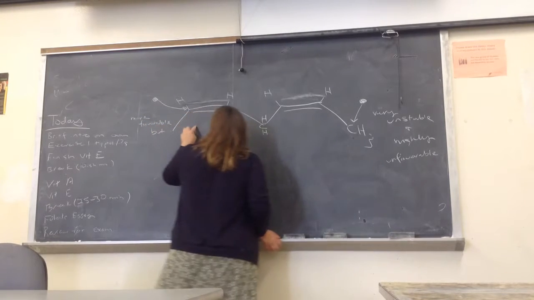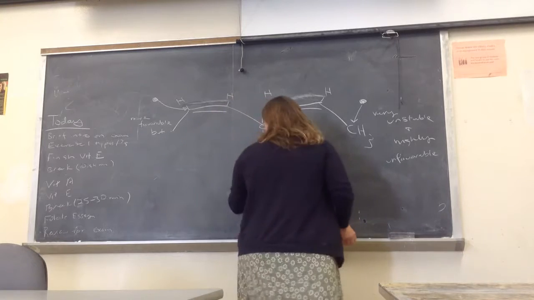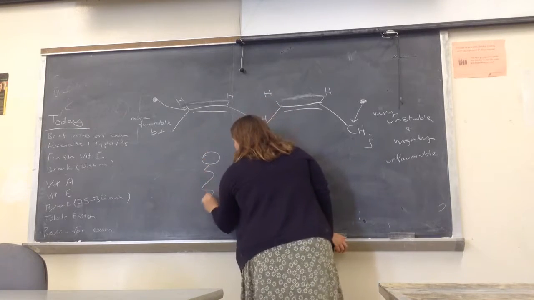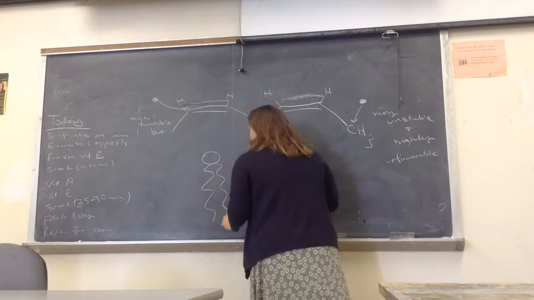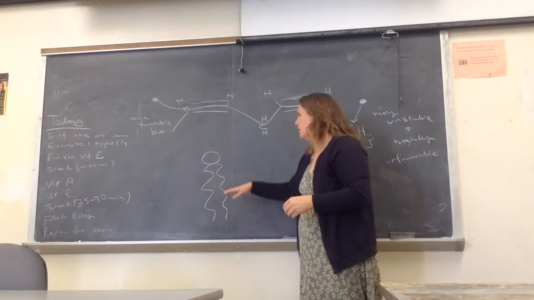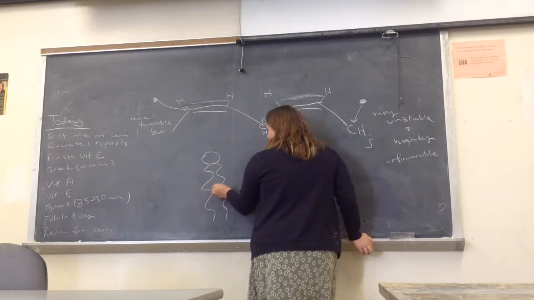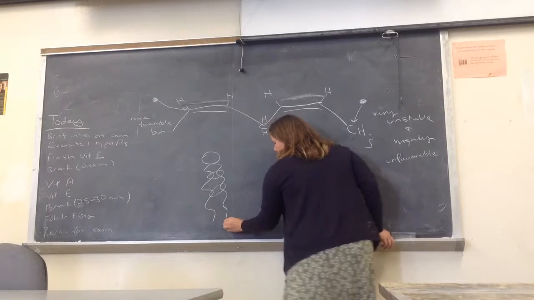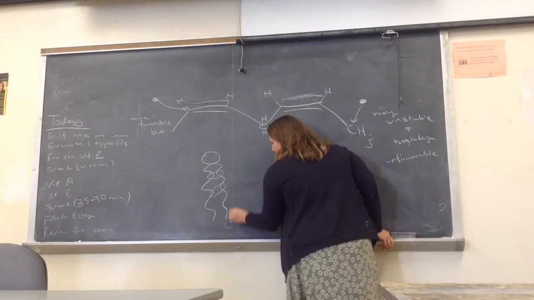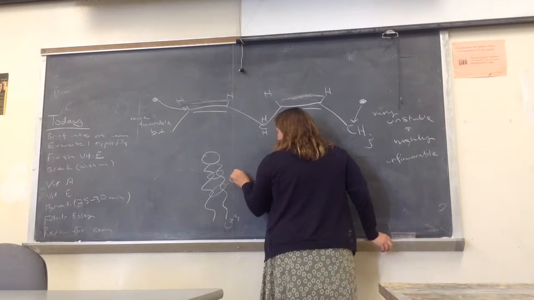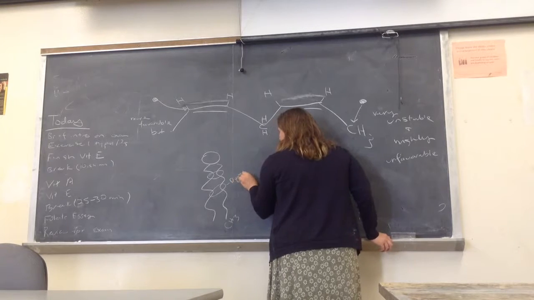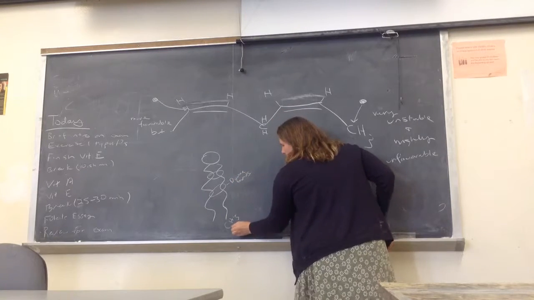But this is the middle of the molecule, and if you look at a phospholipid bilayer, and again, I'm just drawing zigzags, just pretend there's cis configurations in there. These are happening in here, and the CH3 is down here.